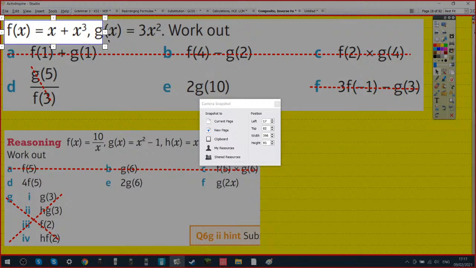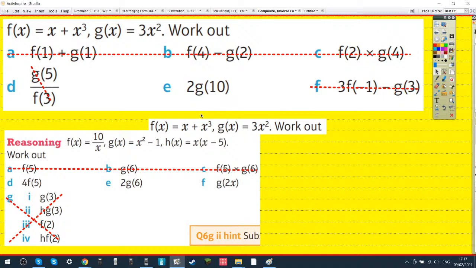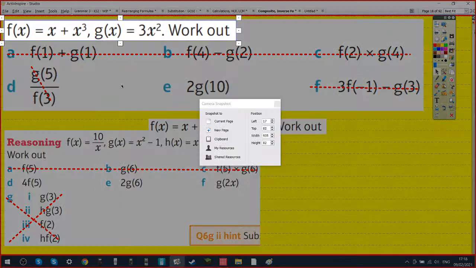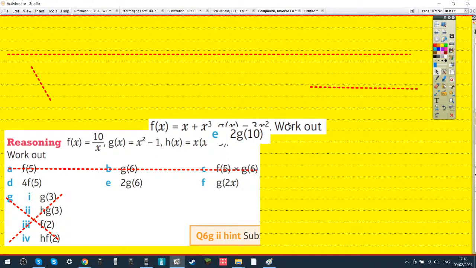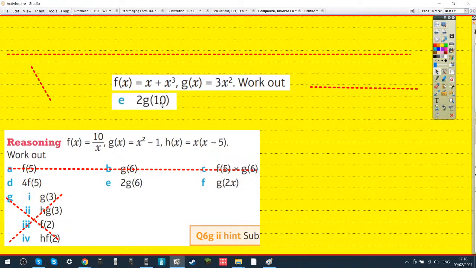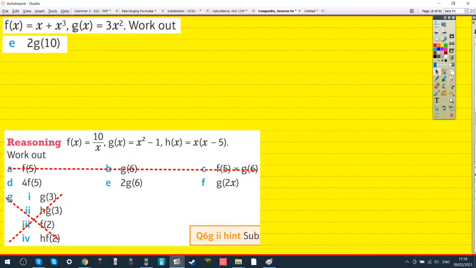Question E. 2G10. How do we do that? So do you have to times 10 by 2?